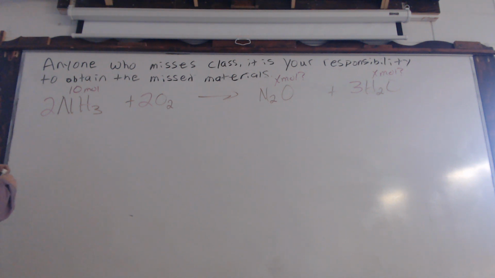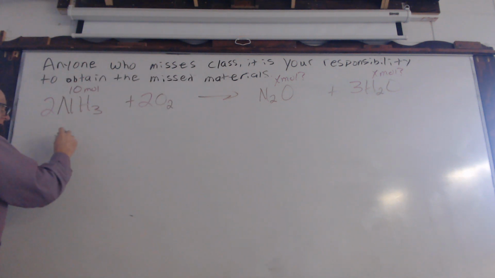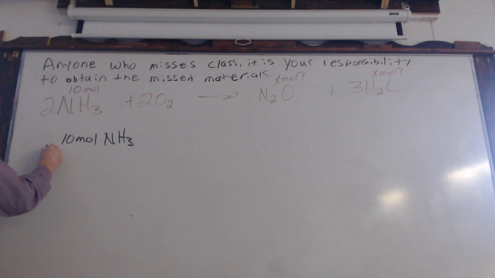So, how many steps is it to figure out how many moles of nitrous oxide there are? It's just 2 steps. So we have 10 moles of NH3. Put 2 moles NH3 on the bottom.